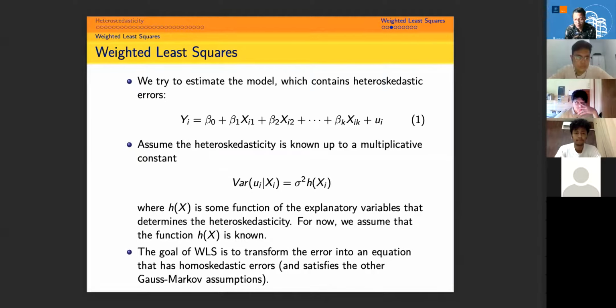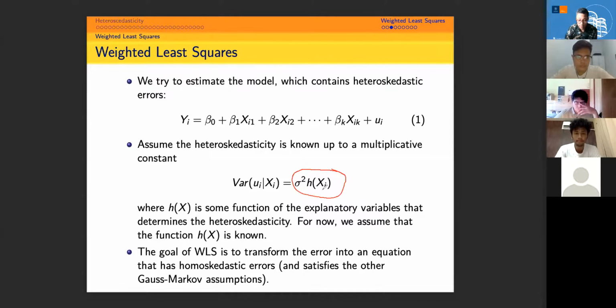We're going to assume a specific form of heteroskedasticity. In particular, the variance is going to vary by the explanatory variable x through some function h.